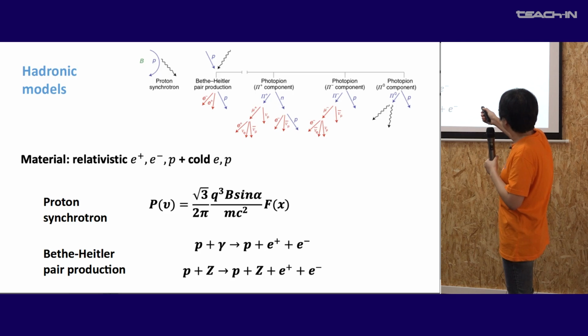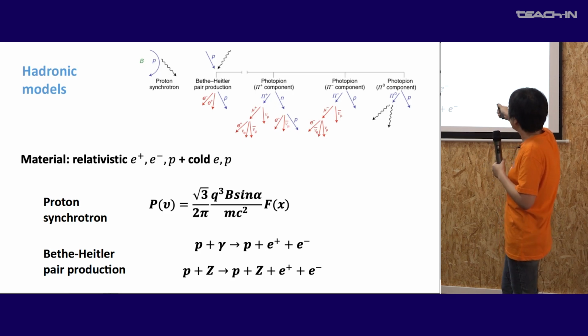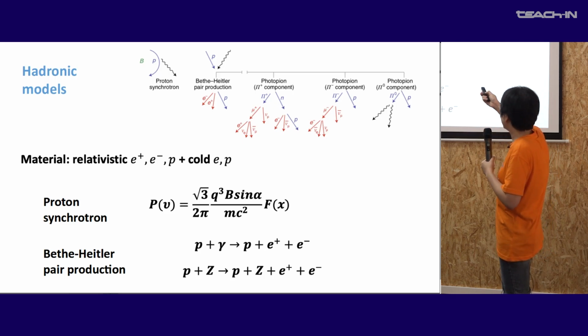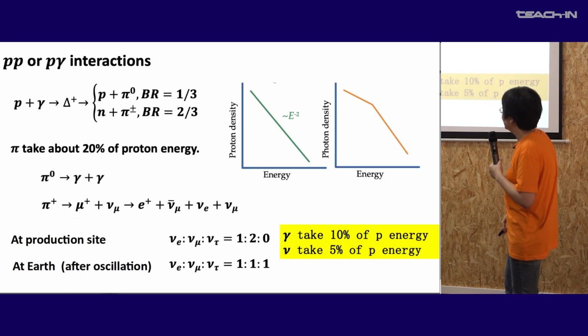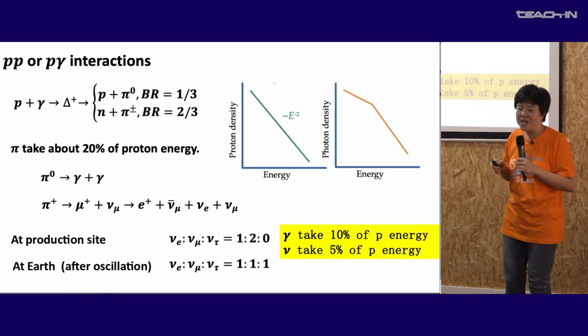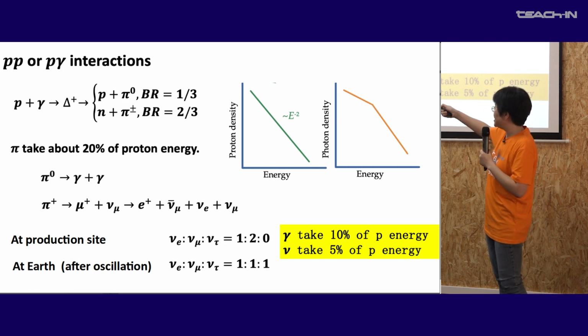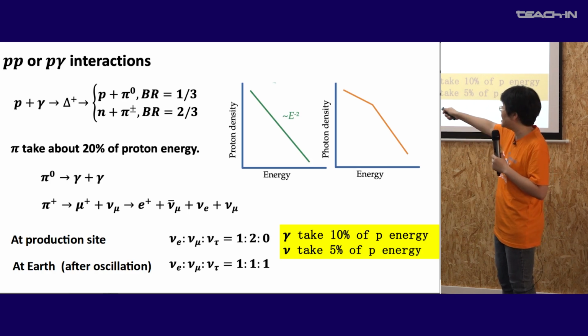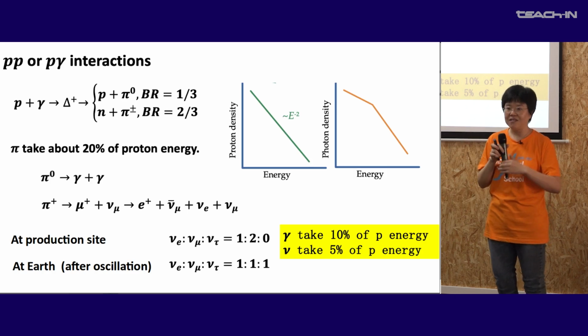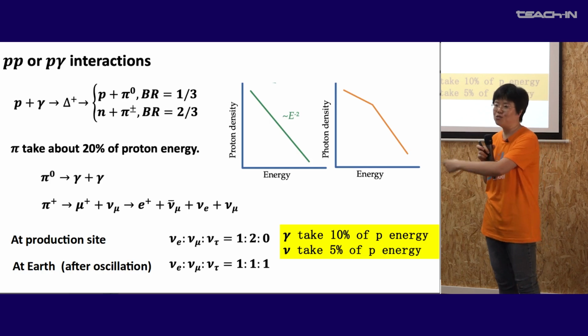Okay, and what else do we have? The photon pion neutrino, or the high energy pion production. It's quite well known, okay? So we have the pp and the p gamma interaction. Everybody familiar with that? We have the delta resonance and produce pi 0, pi plus, pi minus. They have the ratio of 1 to 1 to 1.